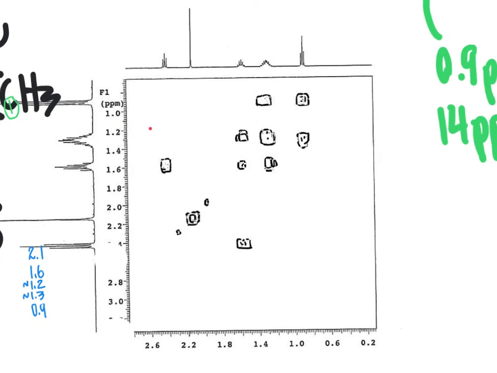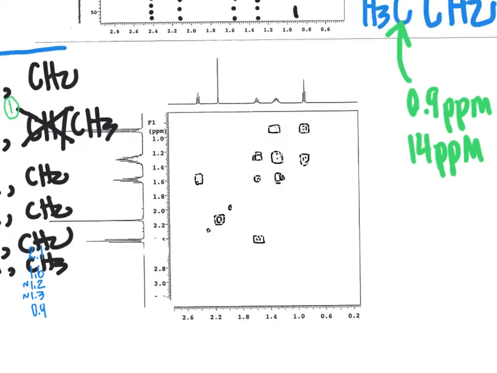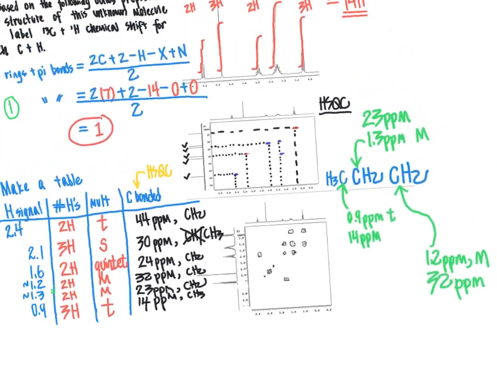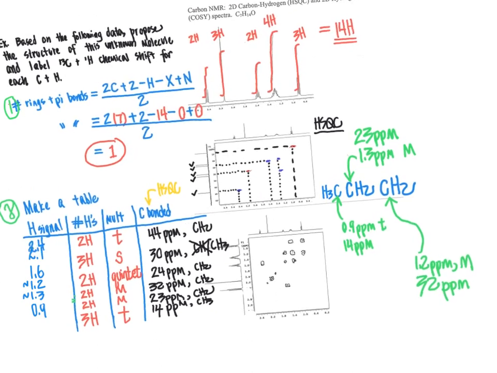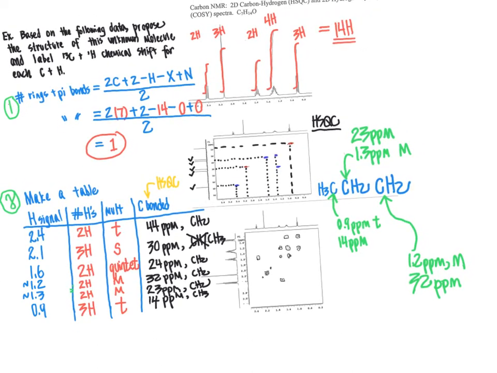right here at 1.2, coming on over, there's a signal right here that we need to be aware of, and that signal is going to come down to approximately 1.6. So we'll see what we have at 1.6 because our signal at 1.2 correlates with the one at 1.6. So let's see what we have showing up at 1.6. There is this signal, the 2 hydrogen quintet.